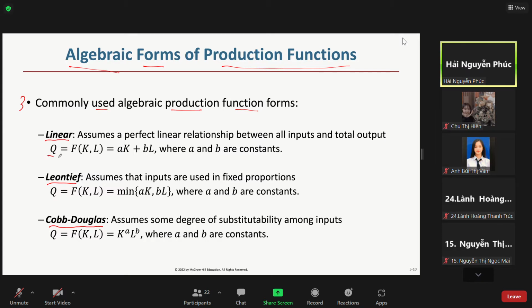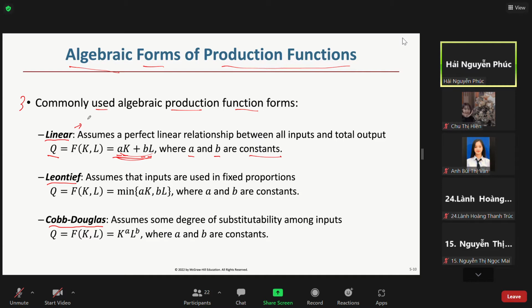We have Q, the output, equal A times K plus B times L, where A and B are constants. If you look at this functional form of the production, you can see that the linear function makes the following assumption.